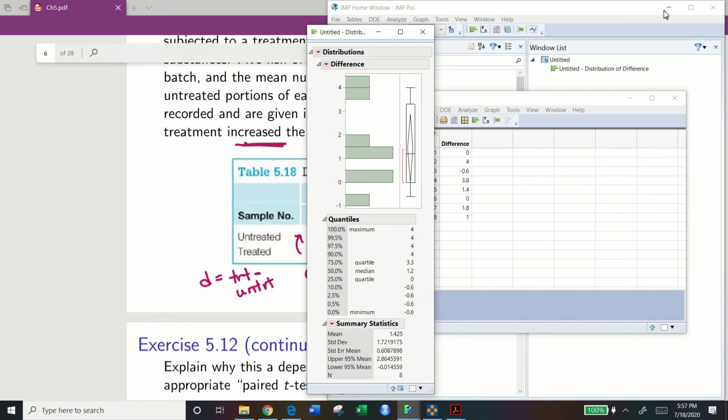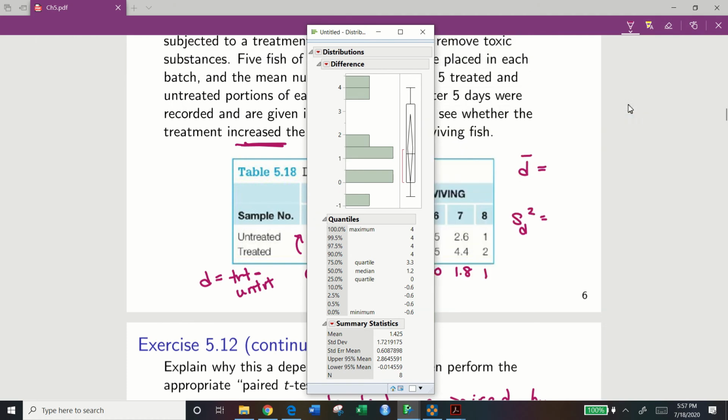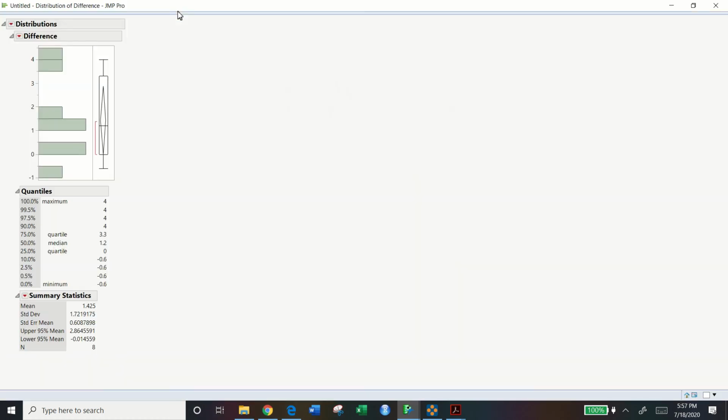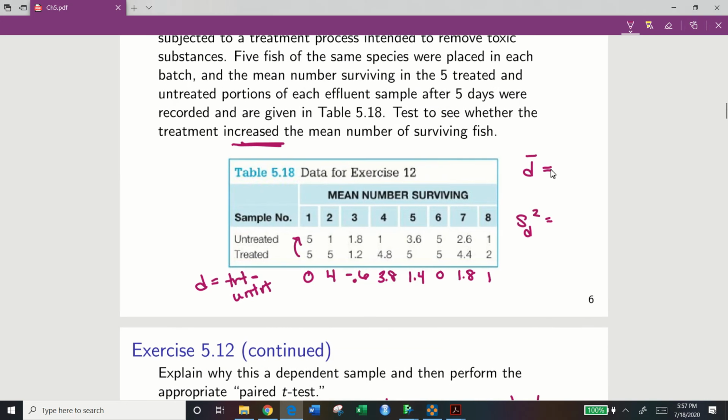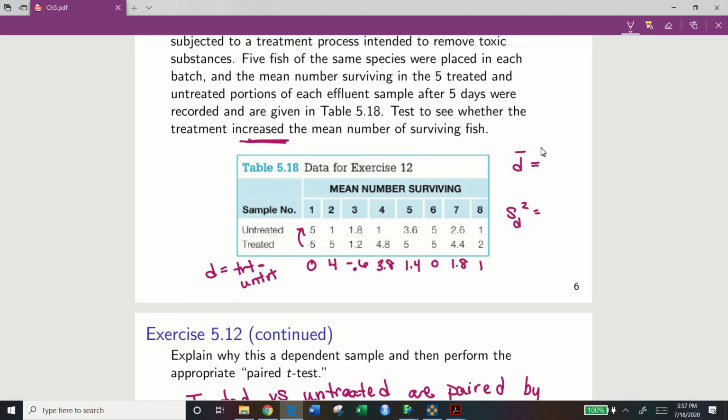Okay, so now that I have this information, I'm going to go back to my original slides, and I'm going to record my values. So my D bar is going to be 1.425. Now, of course, StatCrunch, sorry about that. I'm going to probably do that a lot during these videos.